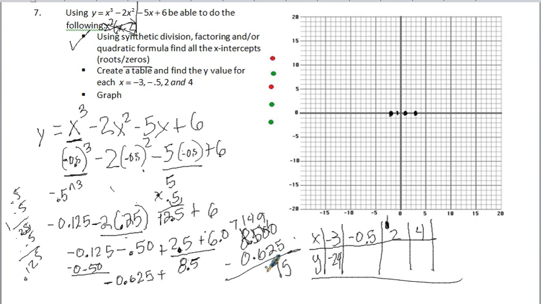So 14 minus 6 is 8, and 7 minus 0. I bring down your decimal. So this is 7.875, and hopefully my math is right. So that means I'm going to go up 7, almost up to 8, and I'm going to put that point there. So now I know that this is going to come up, hit that point, and come down.